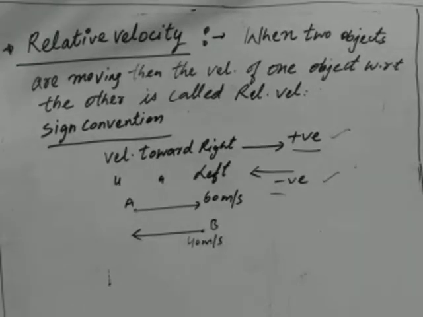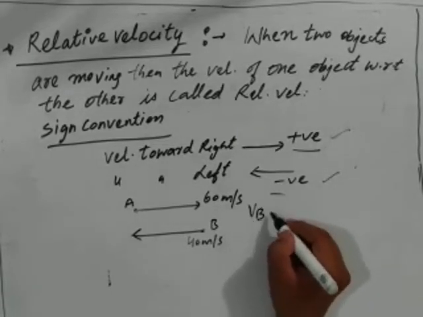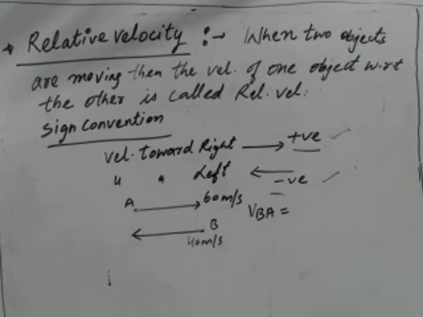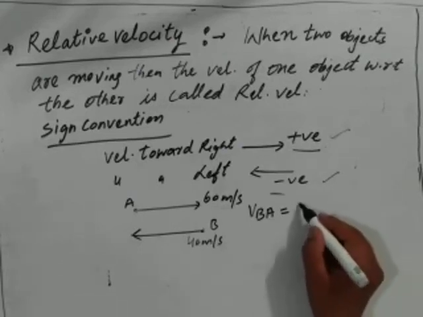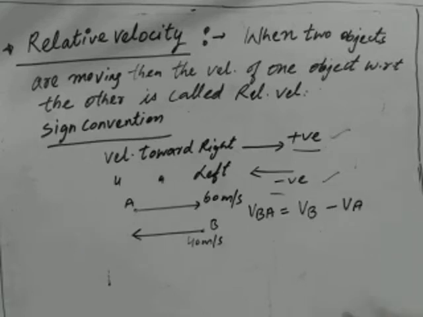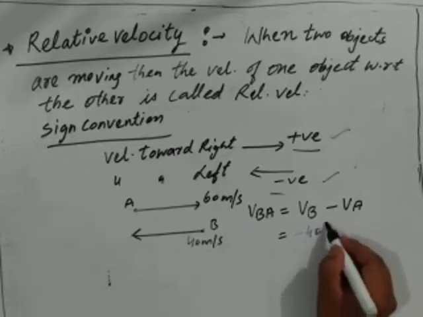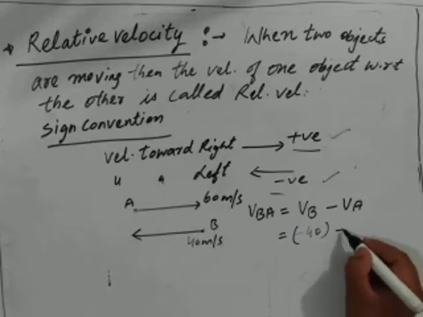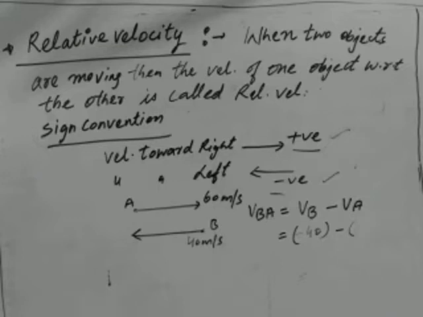Now if we have to calculate the velocity of B with respect to A, that is VBA, then again we will use the same method, VB minus VA, with the sign conventions. Now VB is moving towards left, so it will be minus 40, minus sign for relative velocity, and plus 60 for the object moving towards right.